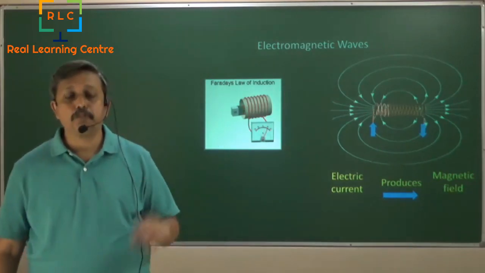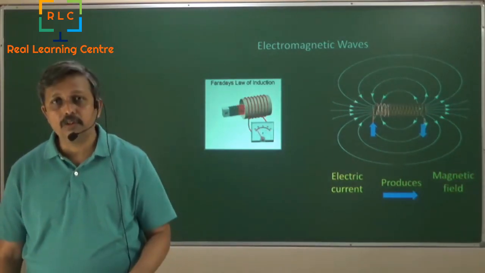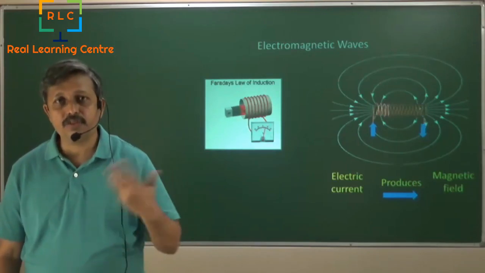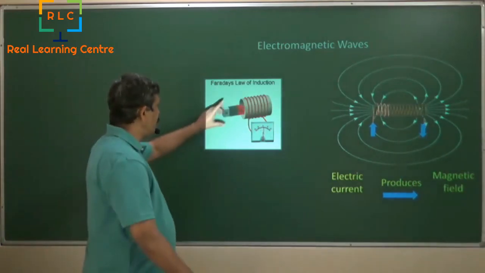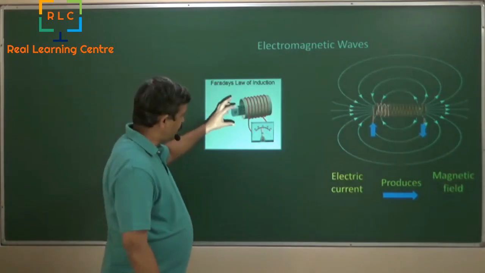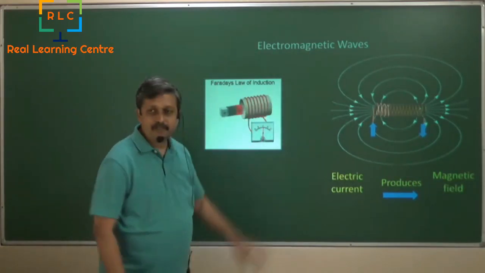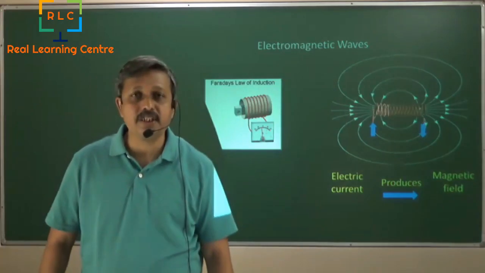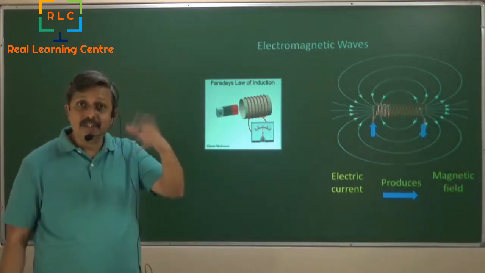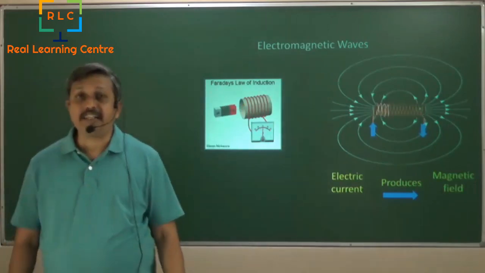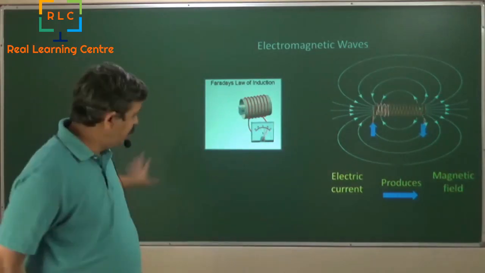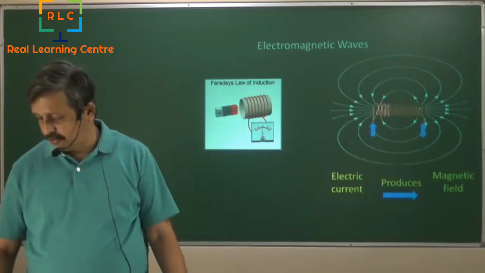Either through movement of the magnet or through maybe another coil that you switch on or switch off, we can still make the magnetic field around it go and touch these wires, and they keep changing the magnetic field. When they change, it produces the current. There is no battery anywhere here. It directly produces the current.